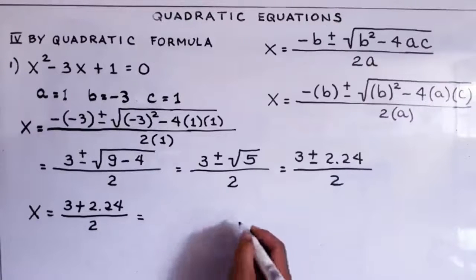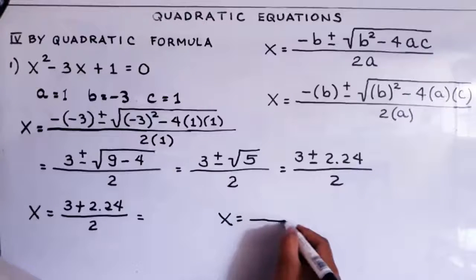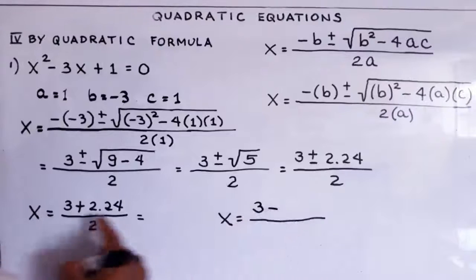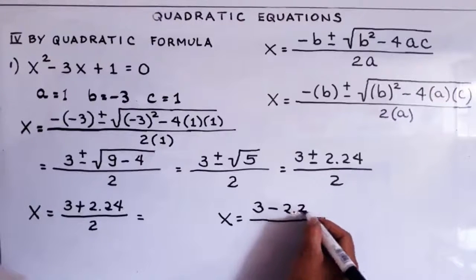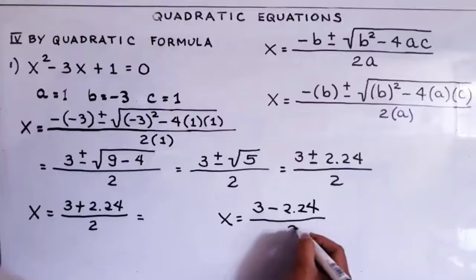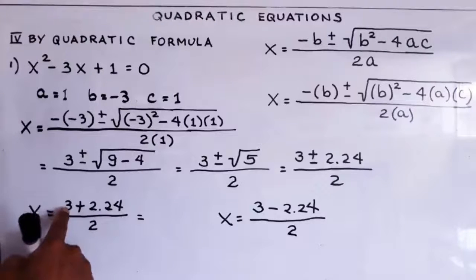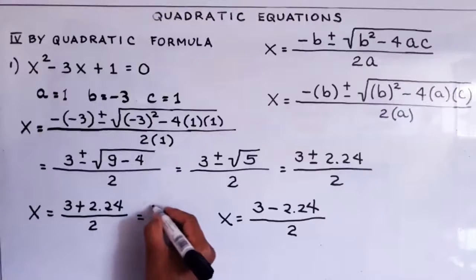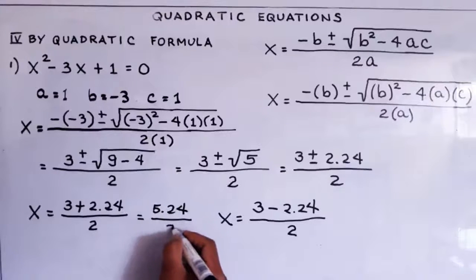Equals. And what's the other one? It's x is equal to 3, but this time it is minus. This plus, this is minus, 2.24 over 2. Right, you add first: 3 plus 2.24 is 5.24 divided by 2.